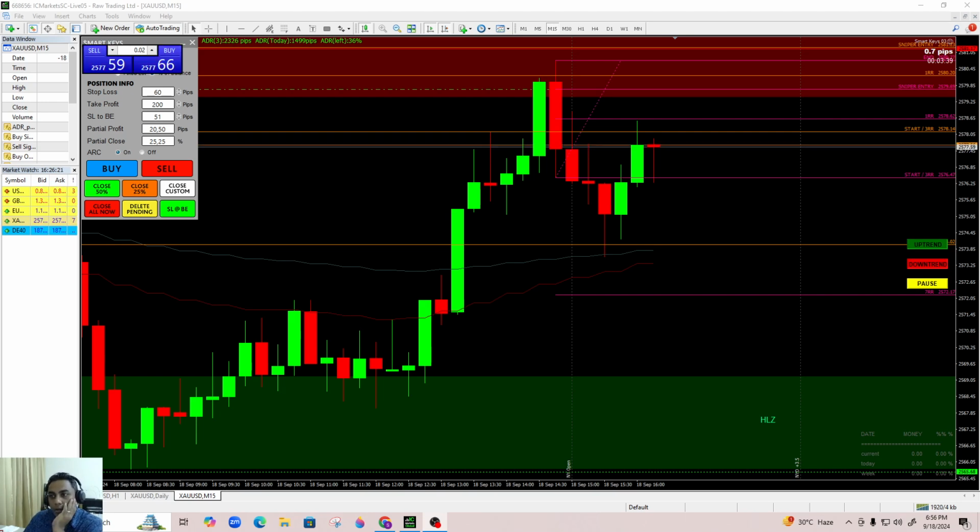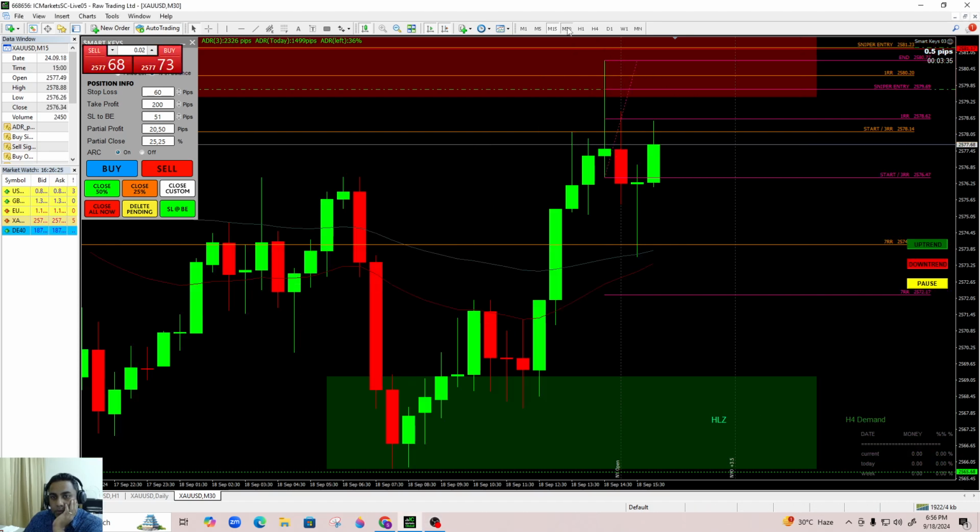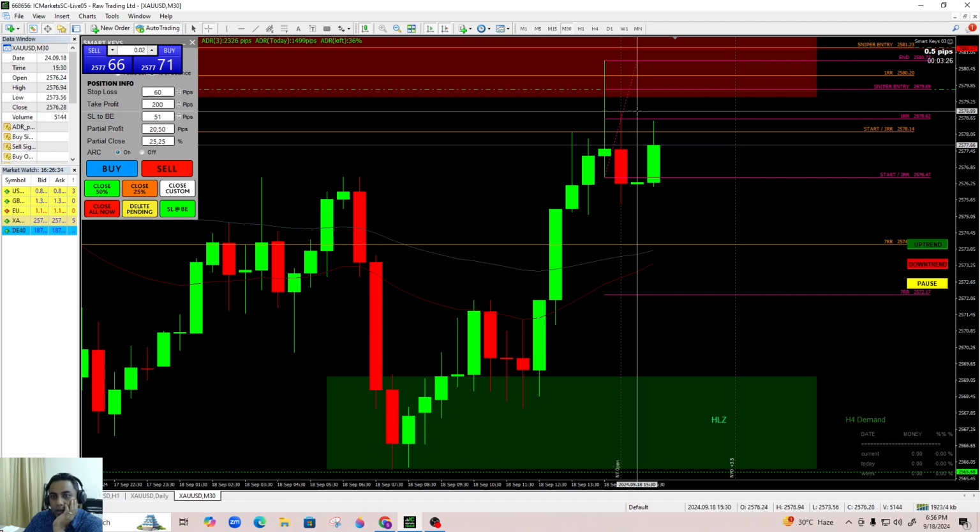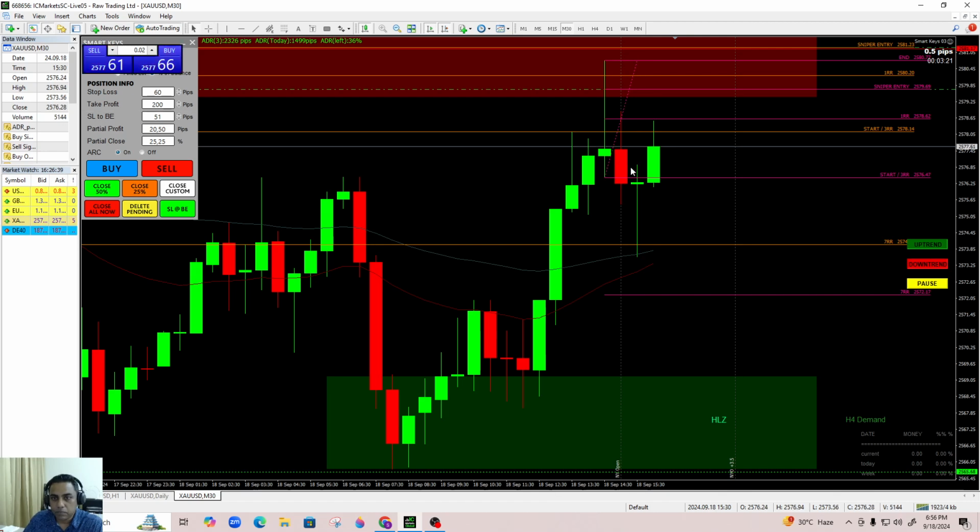Okay, just about 3.5 minutes for this 30-minute candle to close. This high is the 1 hour high, and that high is still kind of pending. The open was at 15.